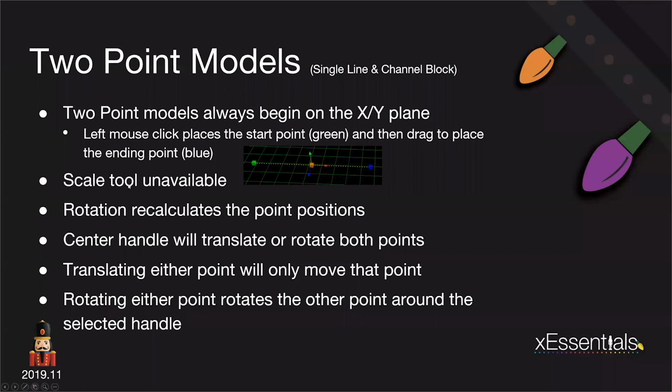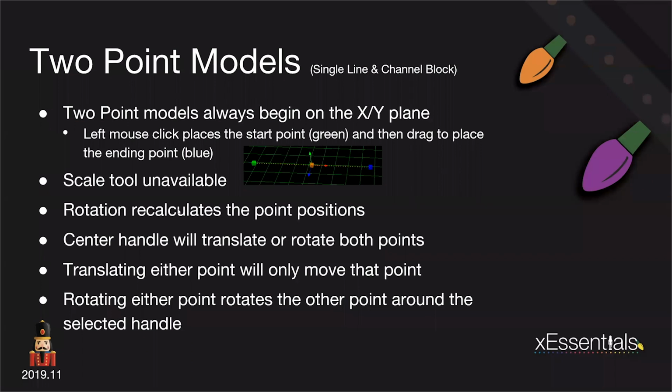Like I mentioned earlier, there's no scale tool for a line. If you rotate, we don't actually add rotation to the angle. We don't store a rotation angle for a point.